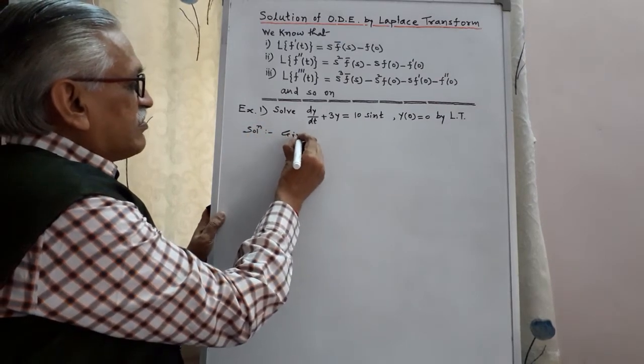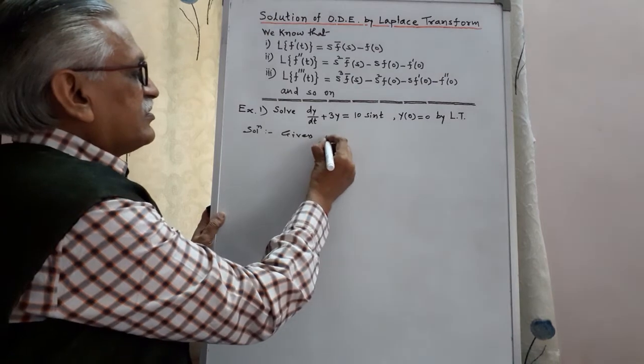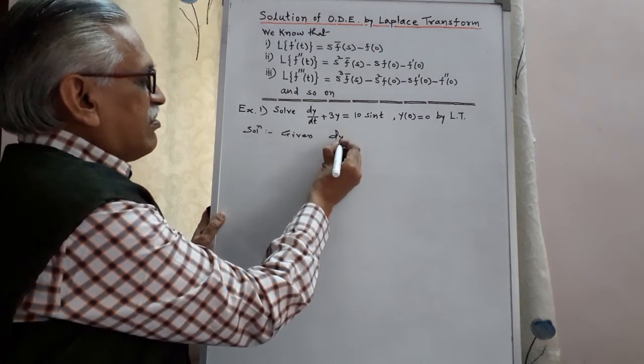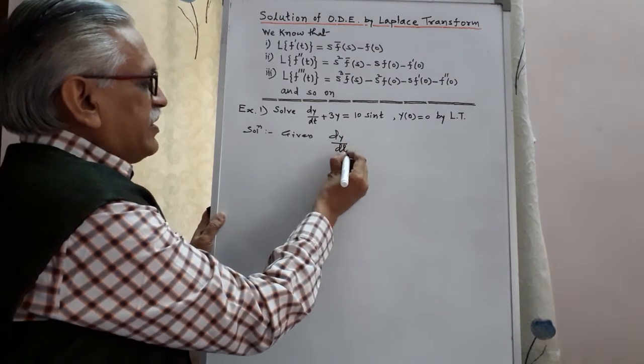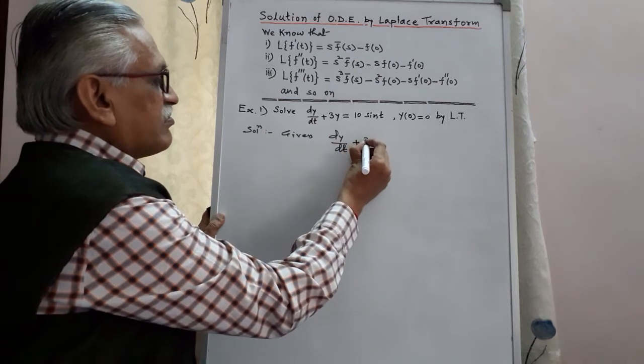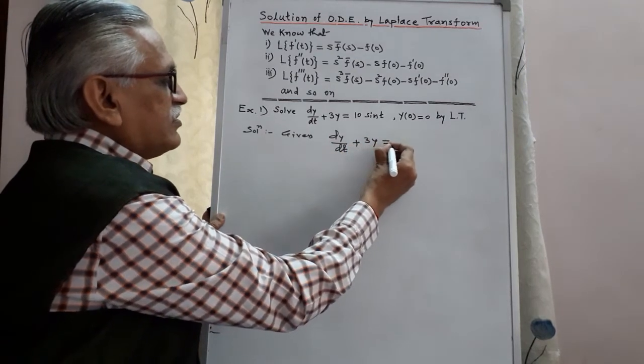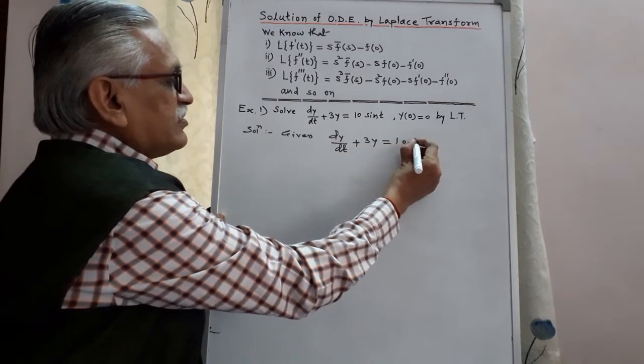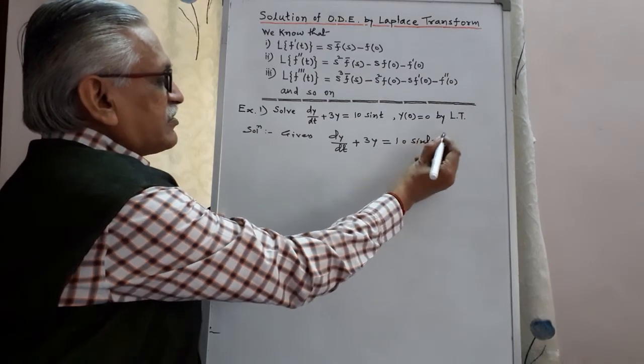Given dy by dt plus 3y is equal to 10 sin t.